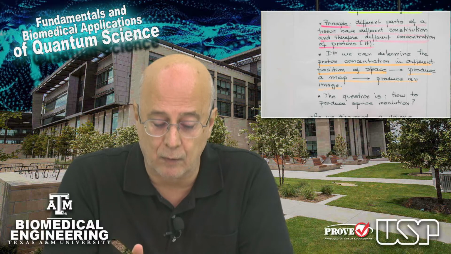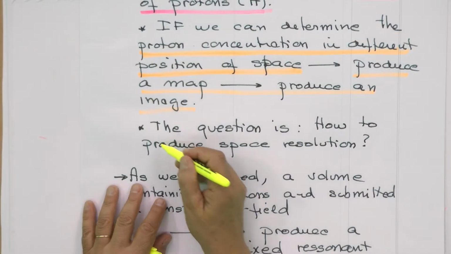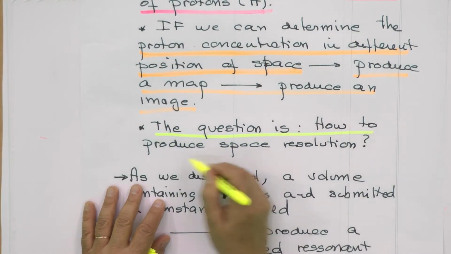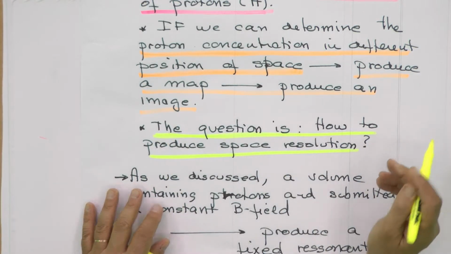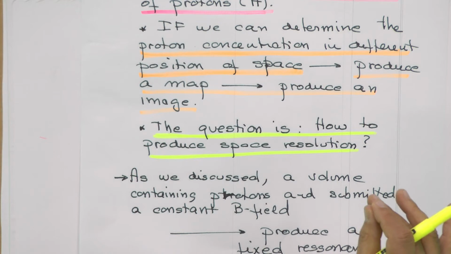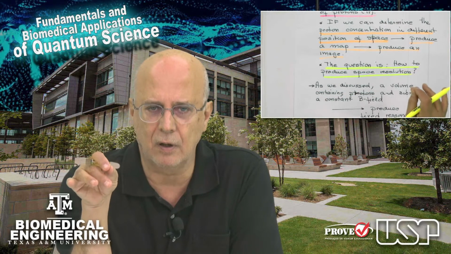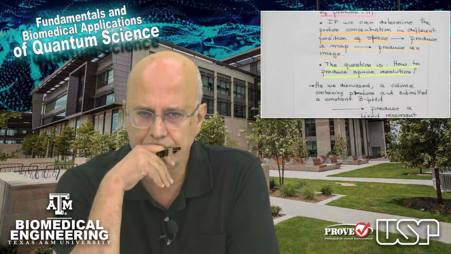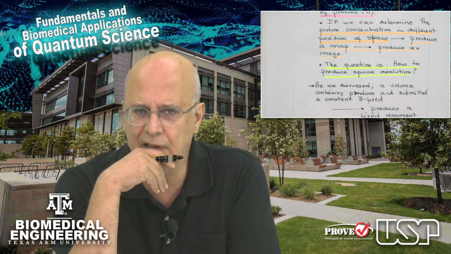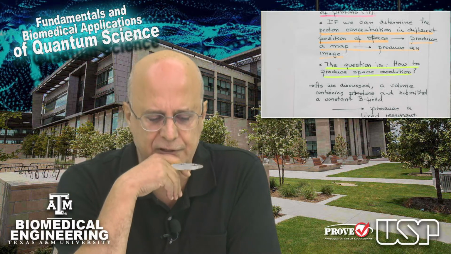The question is, of course, how to produce this spatial resolution, because we have to map the quantity of protons, the quantity of hydrogen, in tiny little different positions. How can we see hydrogen in different positions?